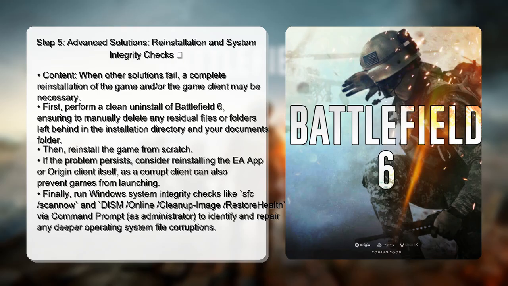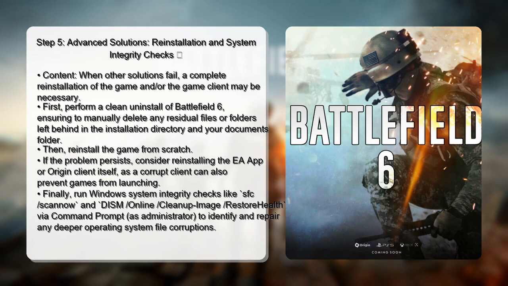Step five: advanced solutions, reinstallation, and system integrity checks. When other solutions fail, a complete reinstallation of the game and the game client may be necessary. First, perform a clean uninstall of Battlefield, ensuring you manually delete any residual files or folders left behind in the installation directory and your documents folder. Then reinstall the game from scratch.